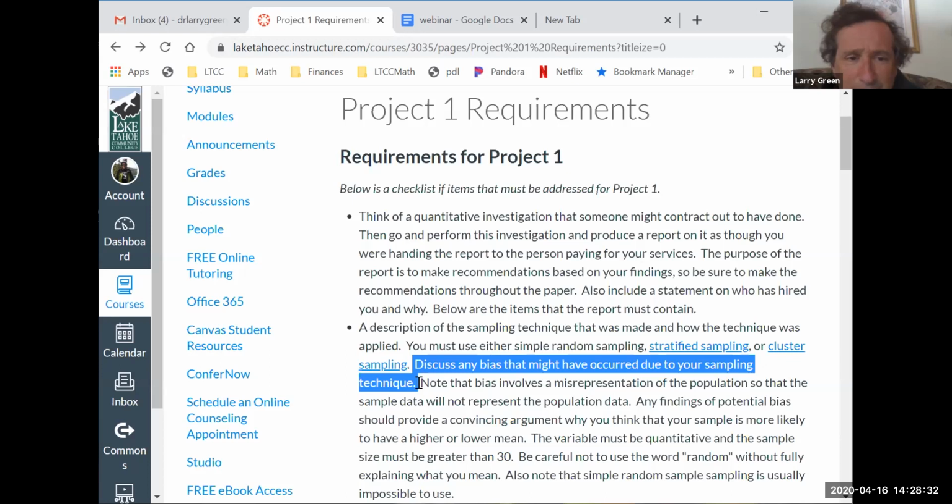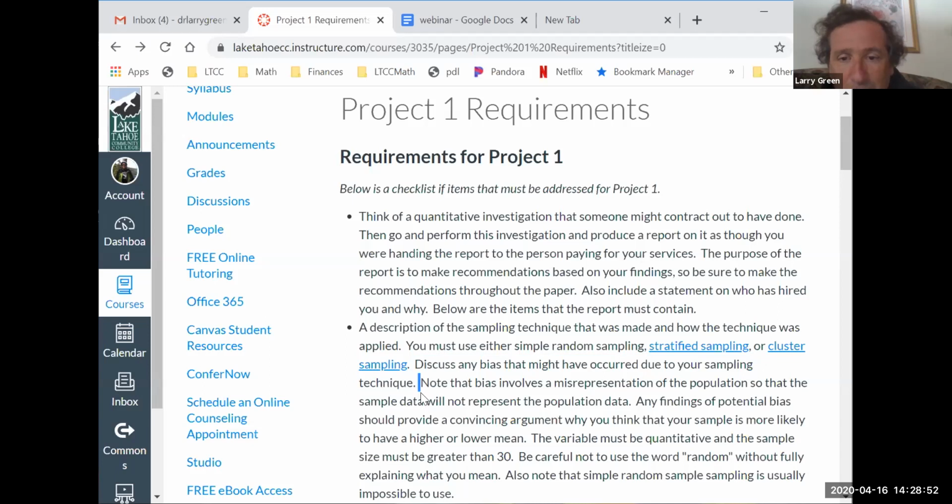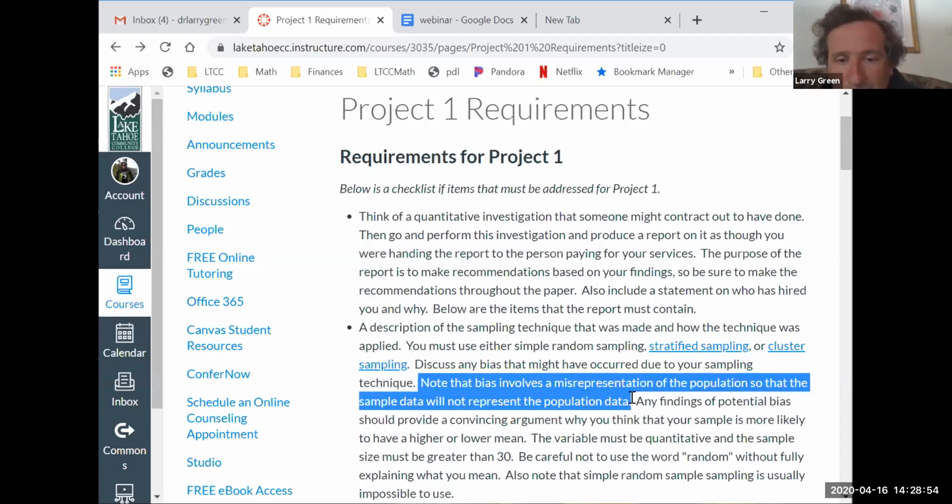Okay, discuss any bias that might have occurred due to your sampling technique. By the way, if you think that there is no bias, good luck convincing me. It is pretty much impossible to have an unbiased study. Bias means it's a misrepresentation of the population, so that the sample data will not represent the population data.